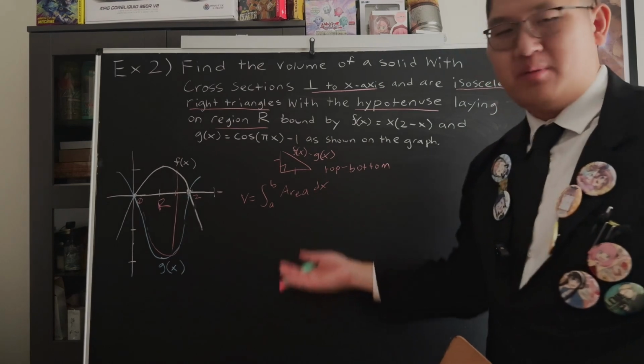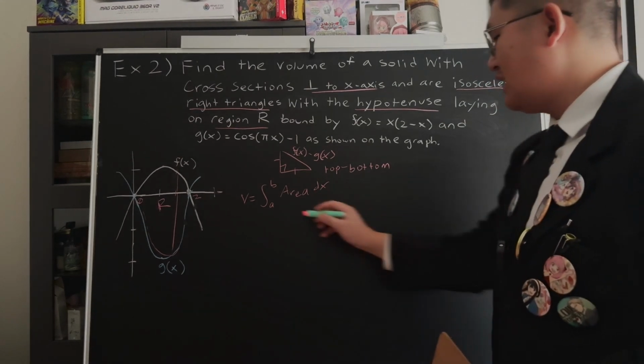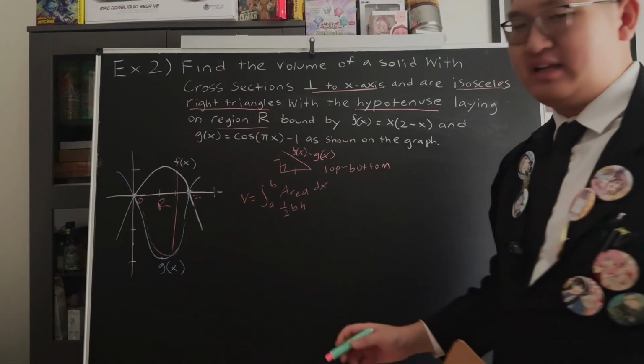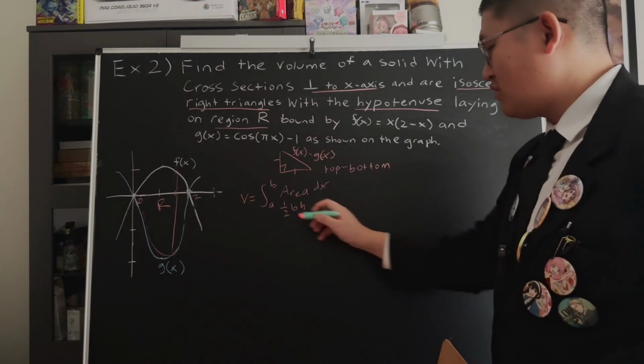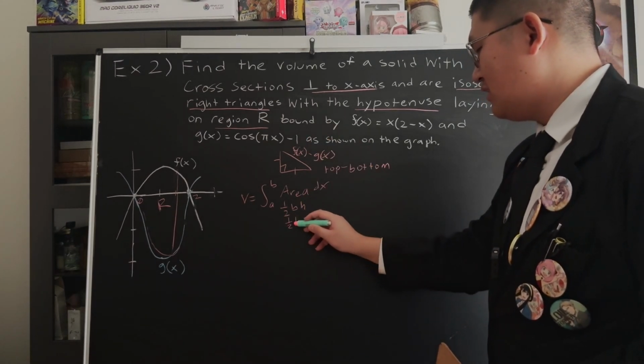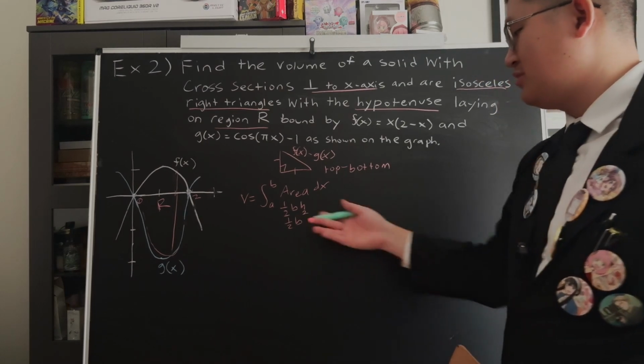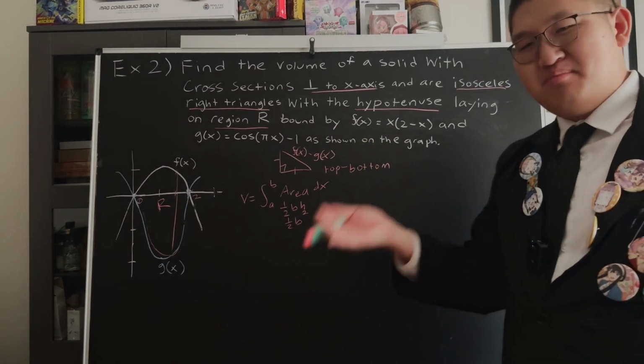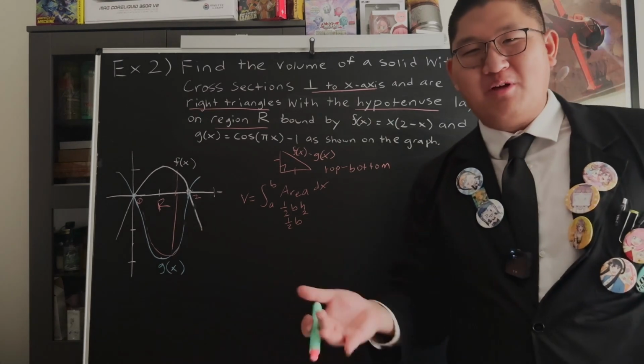But still, what about the area? Well, of course, in this case, area is going to be 1/2 the base times height for any sort of triangle. Thankfully for this triangle, the base is literally equal to the height, so it's just going to be 1/2 b squared. Not a problem, but we're still not having what we need.